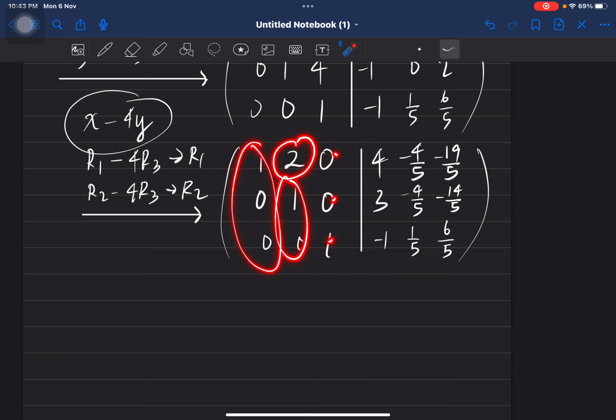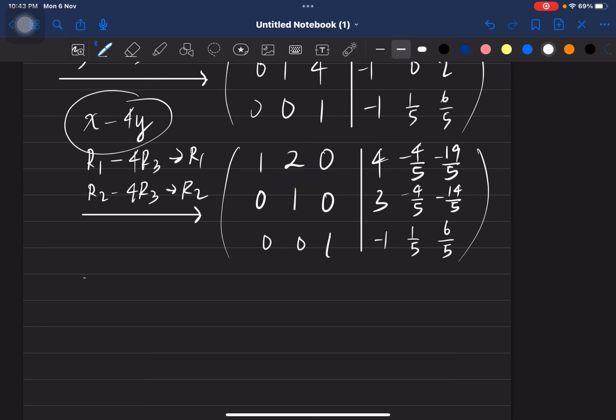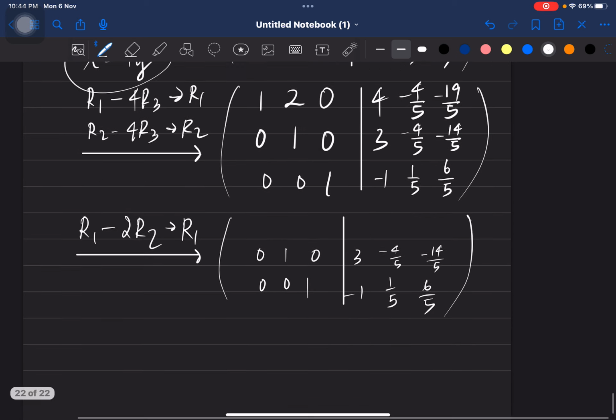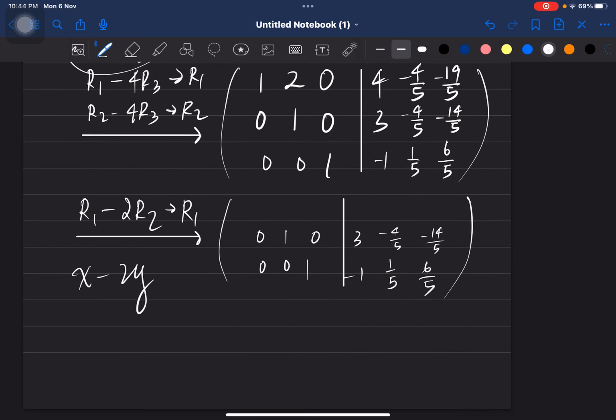Last one, change this to become 0. How to become 0 for this one? Use 2 to minus 2. So how do I create 2 here? I multiply by 2. So row 1 minus 2 row 2 change for row 1. Row 2 and row 3 copy. Now formula is x minus 2y.